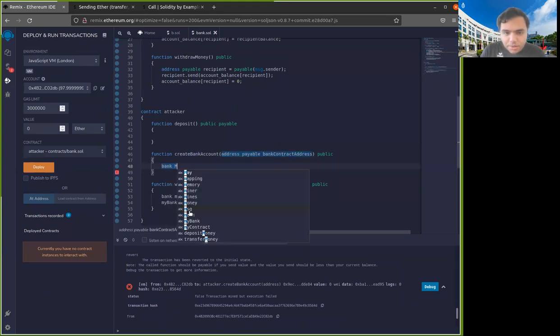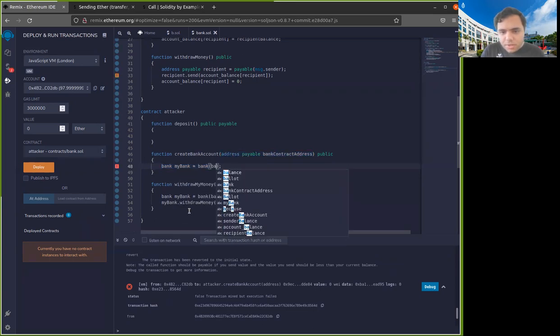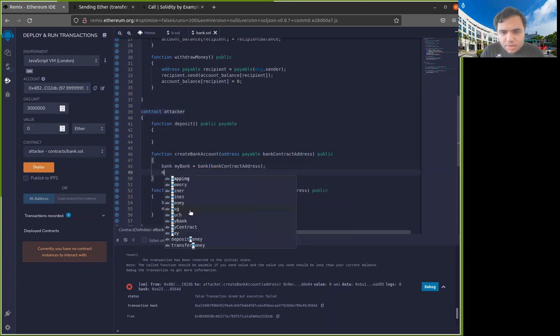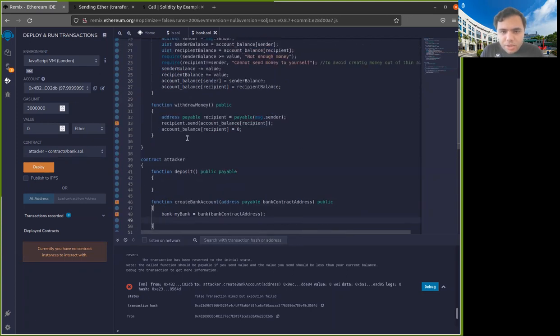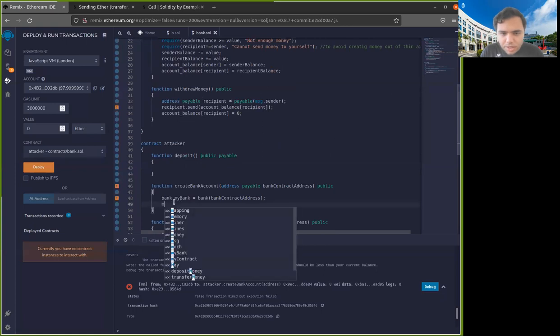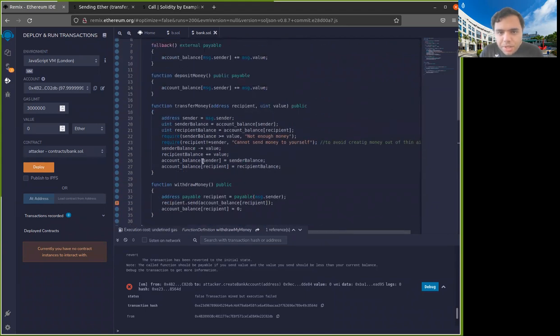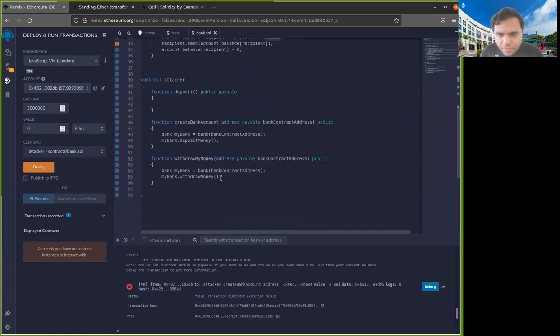So I'm going to have a similar situation as before. I just create address, and now I have to call this deposit money. So I would say my bank that's deposit money. But when I do this call, since it's payable, I want to also send some money.